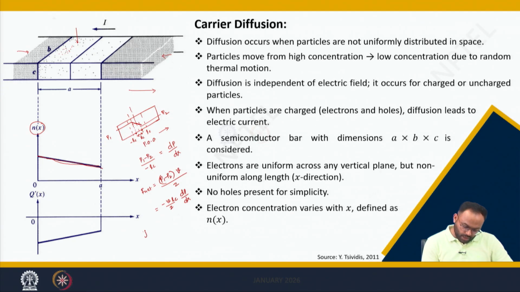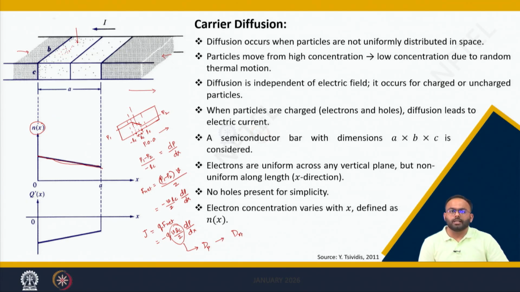Here if I want to write it in terms of current density, it is Q times F net. So this will be minus Q into V into LC divided by 2 into dP by dx. This parameter can be defined as the diffusion constant. As we are talking about holes, we write dP, and if we are talking about electrons we can write dN.